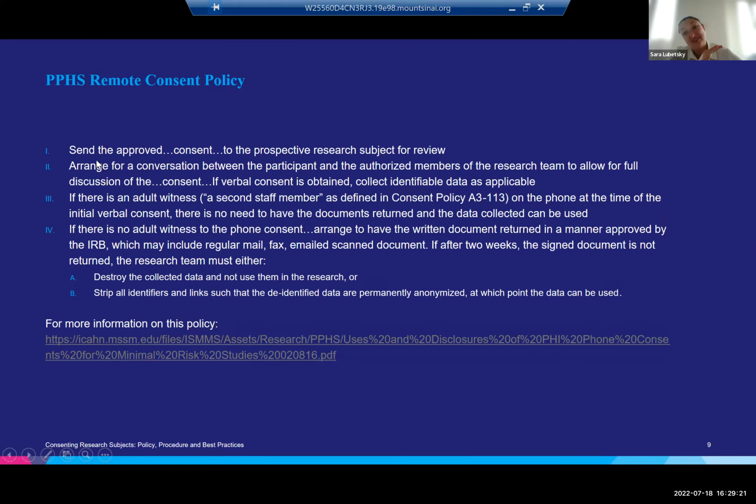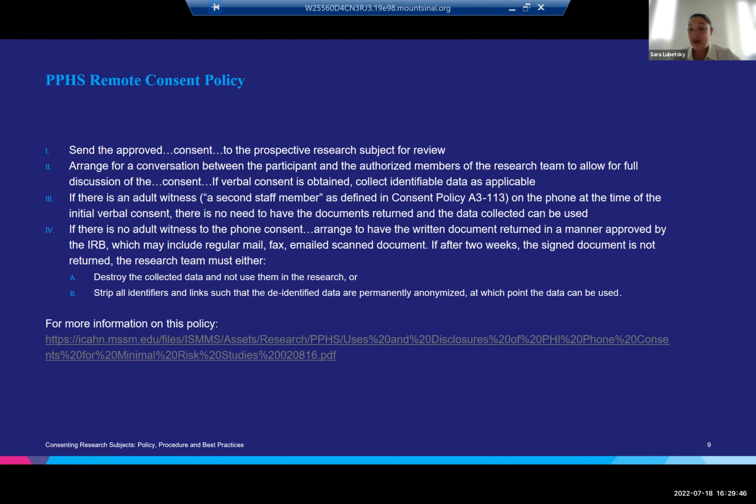So we always have to send the consent form to them in advance of the conversation, whether that be by mail or by email. They need to be able to physically look at a document or electronically look at a document, but one that's in their possession as you are going through the consent conversation.